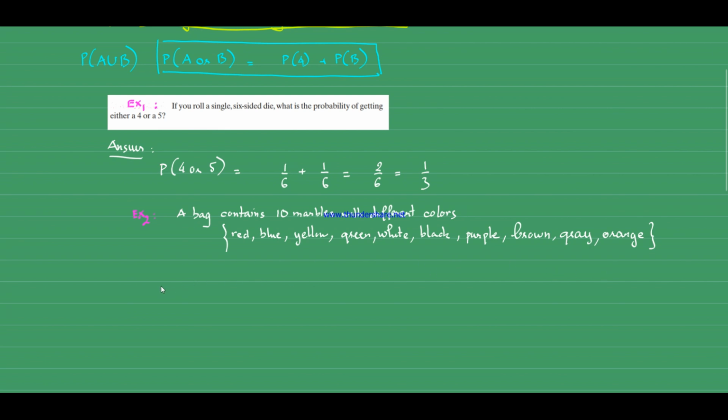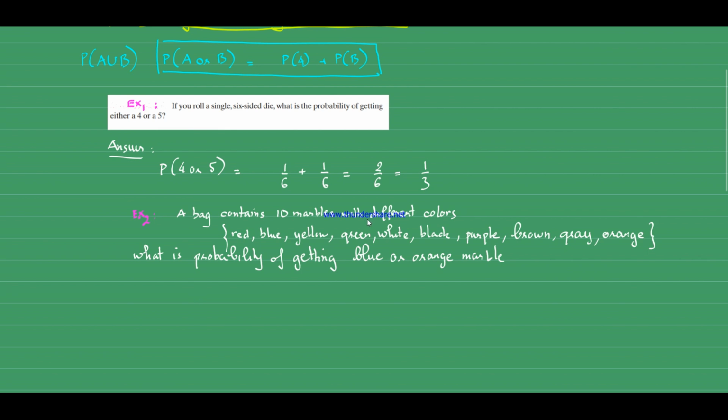Now the question is, what is the probability of getting a blue or orange marble? You know that a blue and orange marble cannot be mixed up.